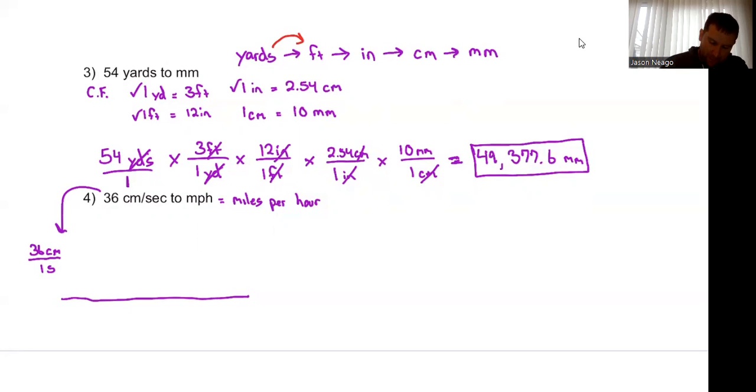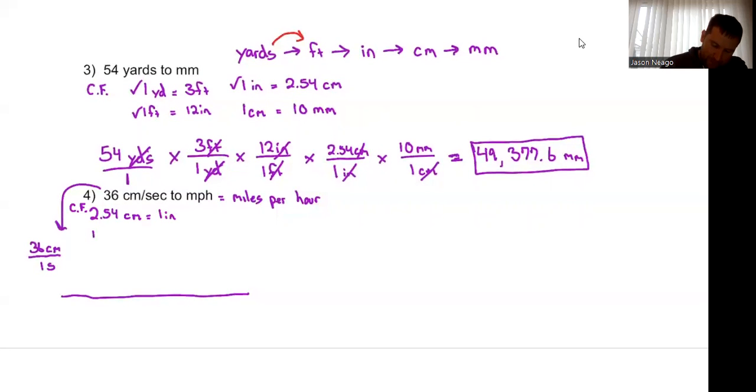2.54 centimeters equals 1 inch. That's my first conversion factor. I should write CF for conversion factor. 12 inches equals 1 foot. And 5,280 feet equal 1 mile.